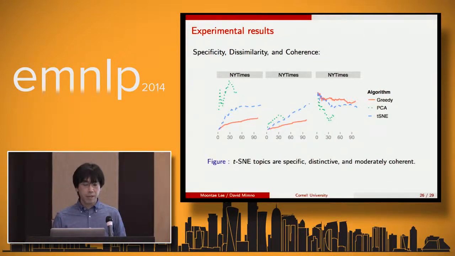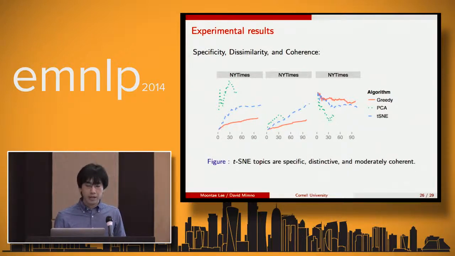That's why we are measuring specificity. Dissimilarity is how far each topic is from the others. And coherence measures how likely 2 keywords in a topic will coexist in our training sample.